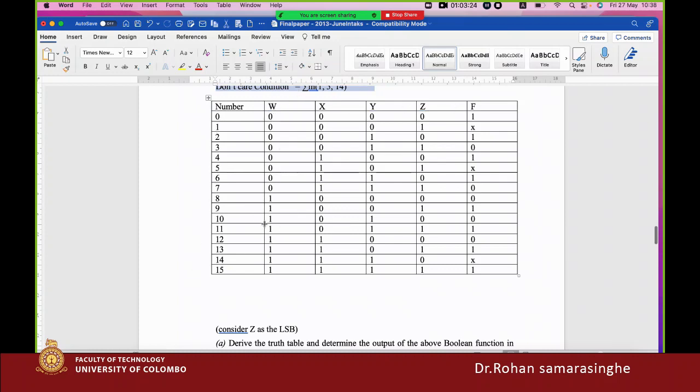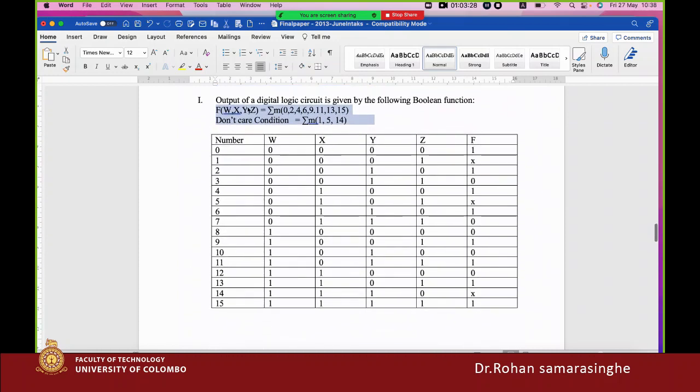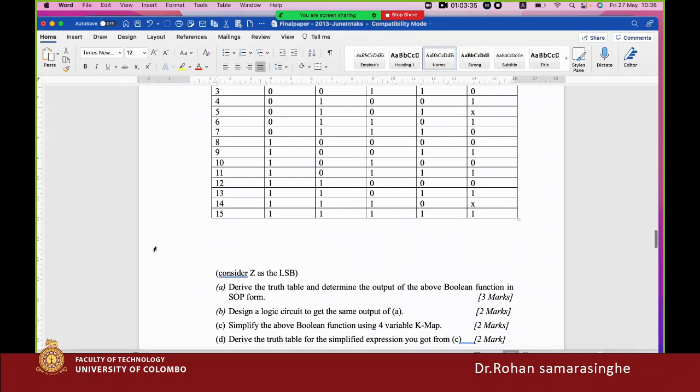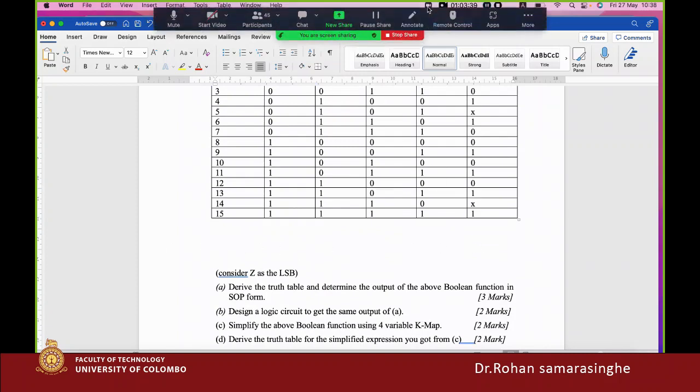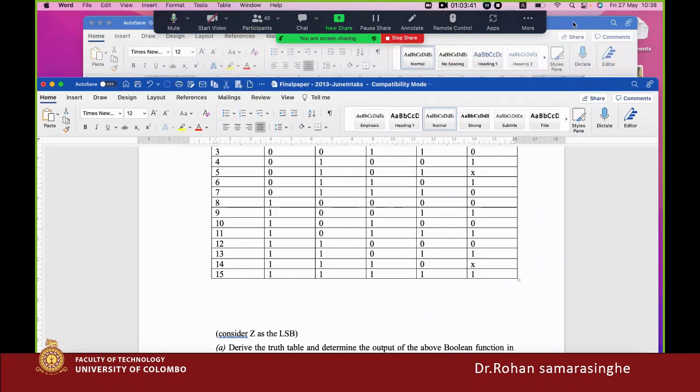That's why we have been given 4 variables W, X, Y, Z, and derive the truth table like this and write the Boolean expression. After getting the Boolean expression correctly, you can simplify like this.